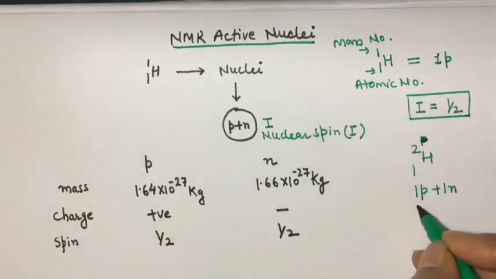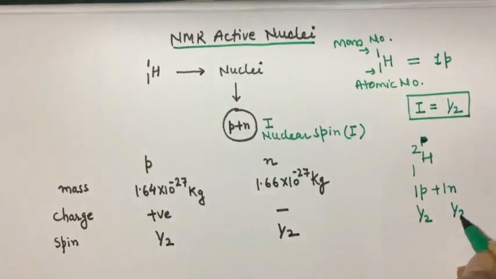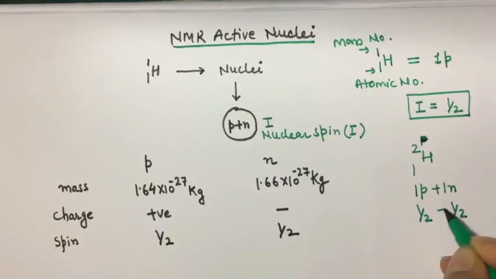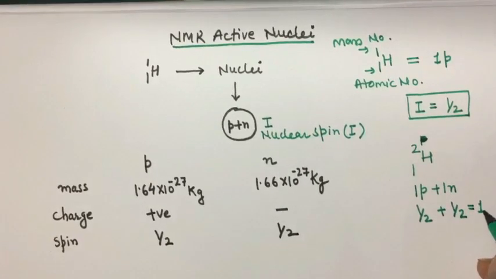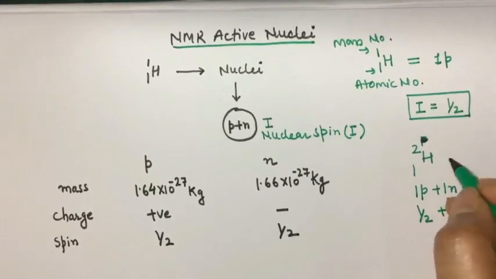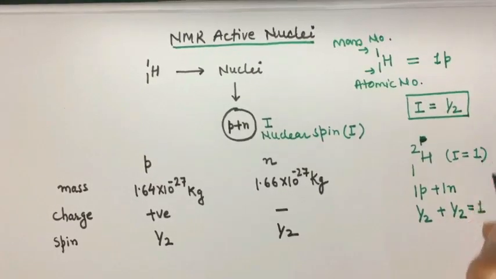The proton has half spin, the neutron again has half spin, and the sum of these two is equal to 1, an integer. So the I value for 1H2 is 1.